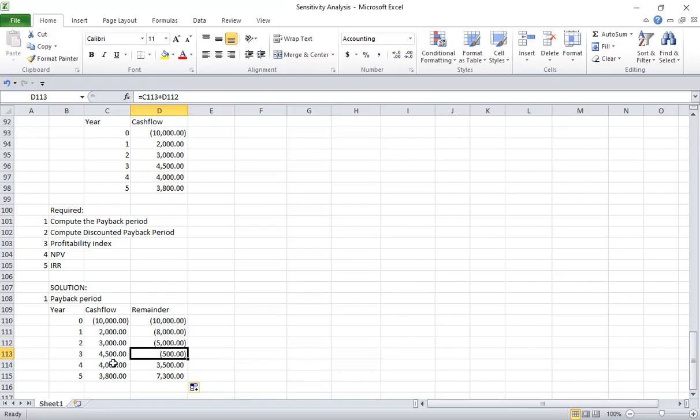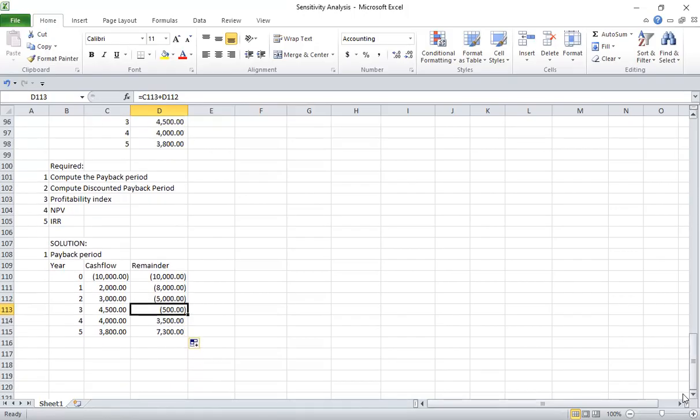Meaning that when you come to year 4, out of 4,000 shillings, what you need is this 500 that is left. That means that we do not need the whole of year 4 to recover the remaining balance, which was 500 out of the total initial investment.